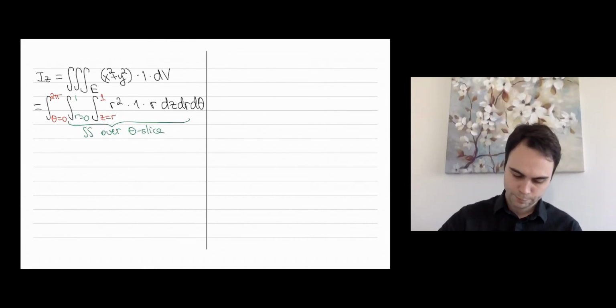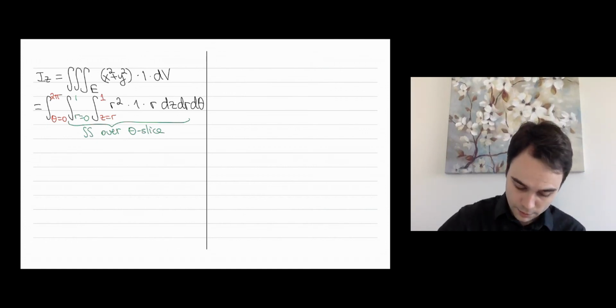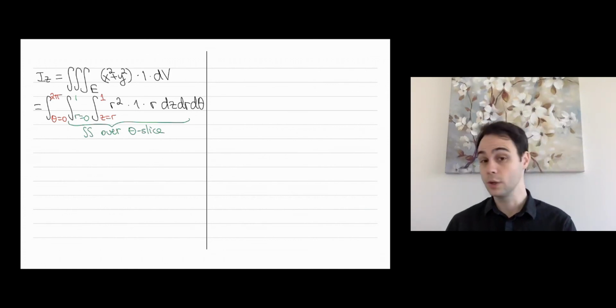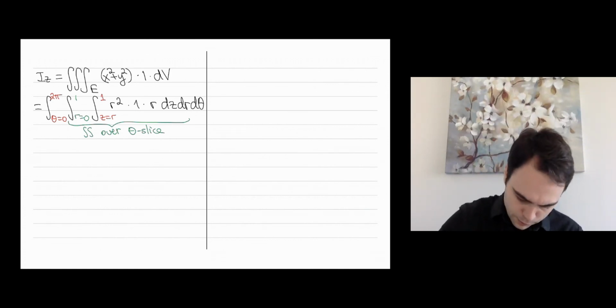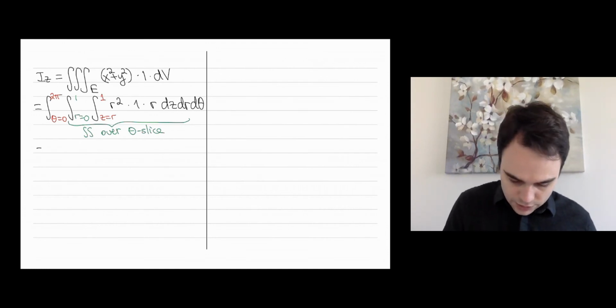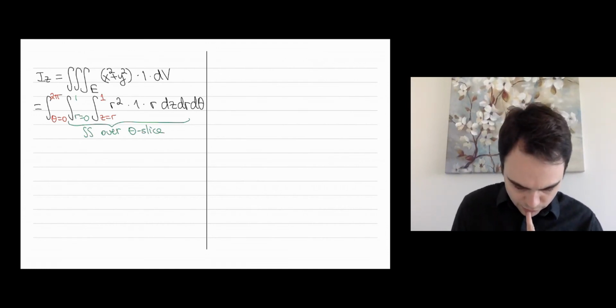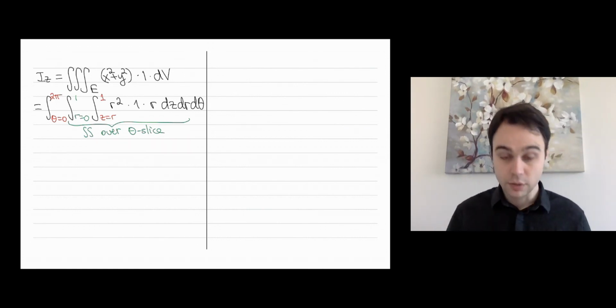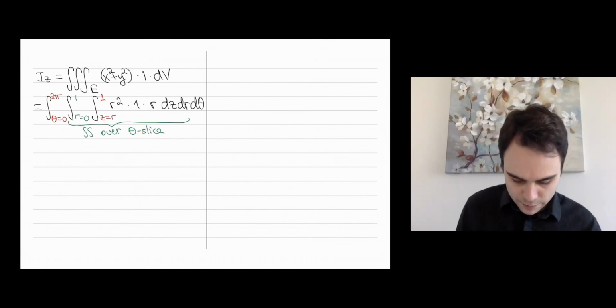With all this work, we're ready to evaluate the integral, and that's what I would like to do to conclude today's lecture. First, here's a simplifying observation. The slice itself doesn't depend on theta, and the function we're integrating doesn't depend on theta.